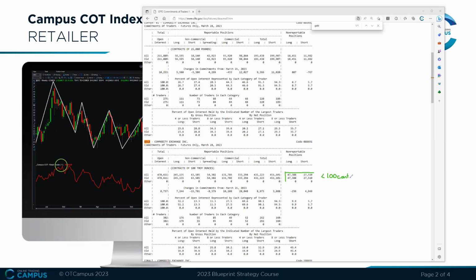Because if you talk about smaller markets like live cattle, lean hogs, or even wheat, there's not a lot of retail traders that trade that. And some of the retail traders that actually trade that are not retail traders. They're just disguising as retail traders because they're trading less than 100 contracts. So some of them are actually commercials.